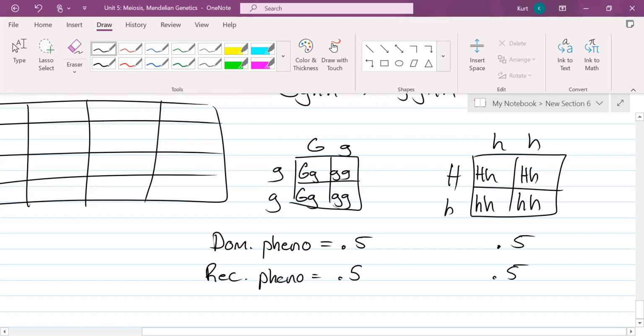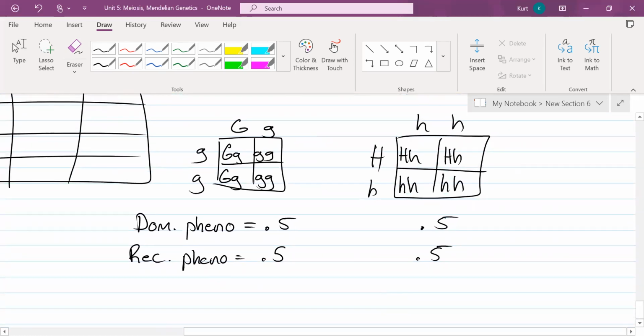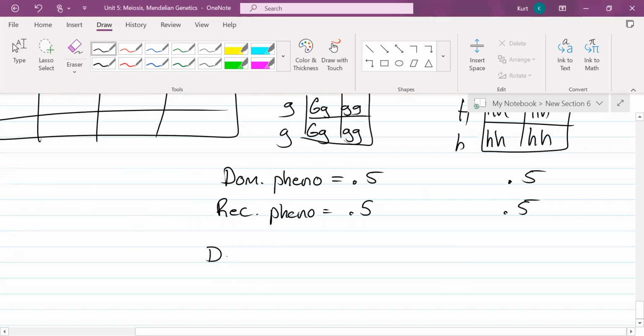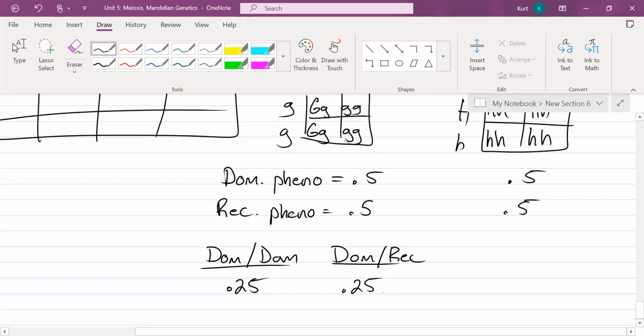So you just have to multiply the frequencies. If I want to know if an individual is going to be dominant for both, what's 0.5 times 0.5? 0.25. What if they have the dominant slash recessive? You would do 0.5 times 0.5 again. A cross like this would be a 1-to-1-to-1-to-1 ratio.